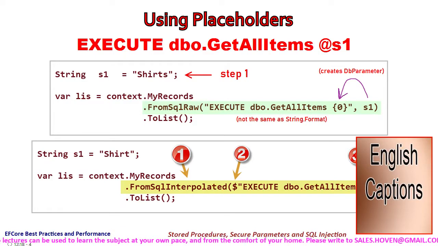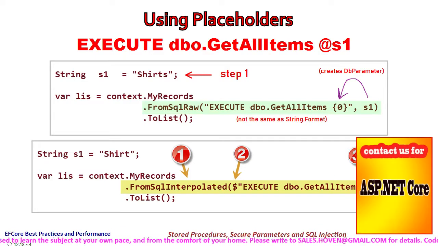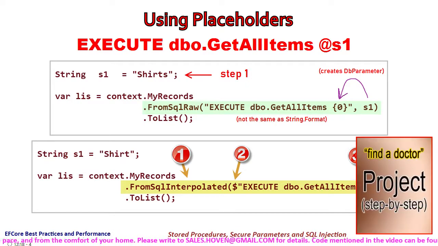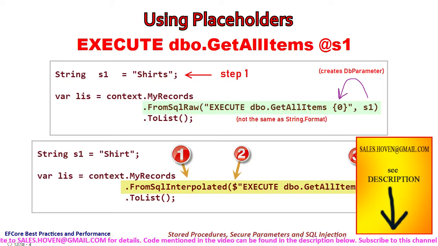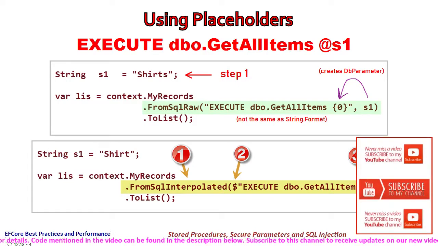String interpolation syntax uses a $ sign to replace the numeric placeholders by the names of the identifiers. In this code, we have used $execute dbo.getAllItems {s1}. In this case also, the value s1 is converted to a DB parameter and executed.